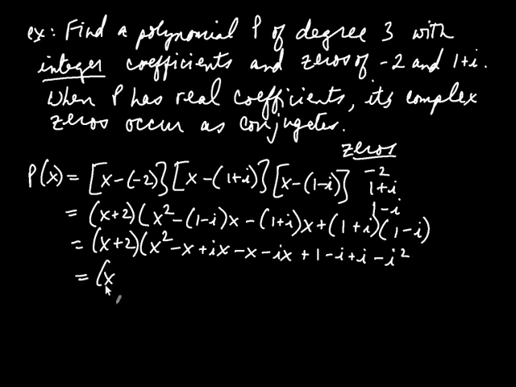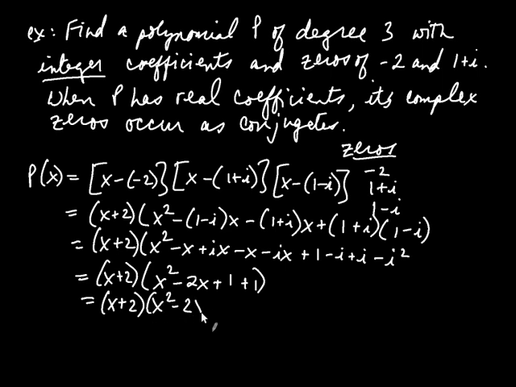So we're looking at x plus 2 times, let's see, we have some cancellation here, x squared. Negative x and negative x leaves us with negative 2x. Positive ix and negative ix cancel, right? When you add them together, you get 0. And we have plus 1, and then negative i and positive i cancel. Now negative i squared is negative 1, and negative negative 1 is positive 1. So we end up getting x plus 2 times x squared minus 2x plus 2.